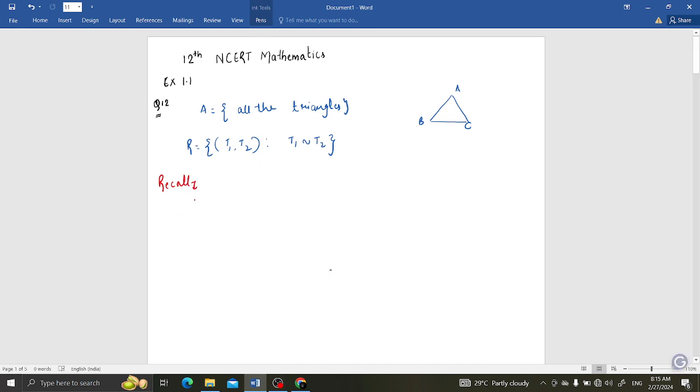When we say two triangles are similar, T1 is similar to T2.